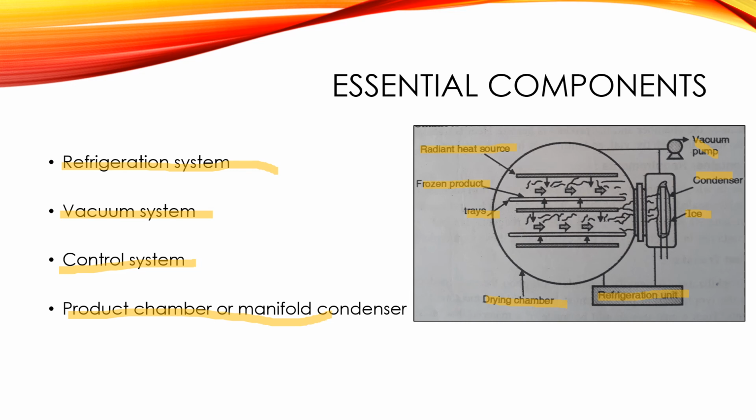Refrigeration system, next component. The product to be freeze dried is either frozen before going into the dryer or frozen while on the shelves. The compressor or sometimes liquid nitrogen supplies the cooling energy.